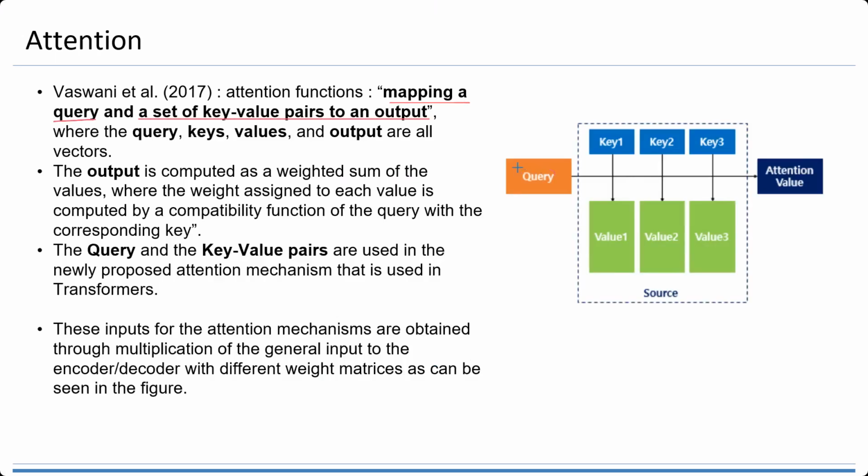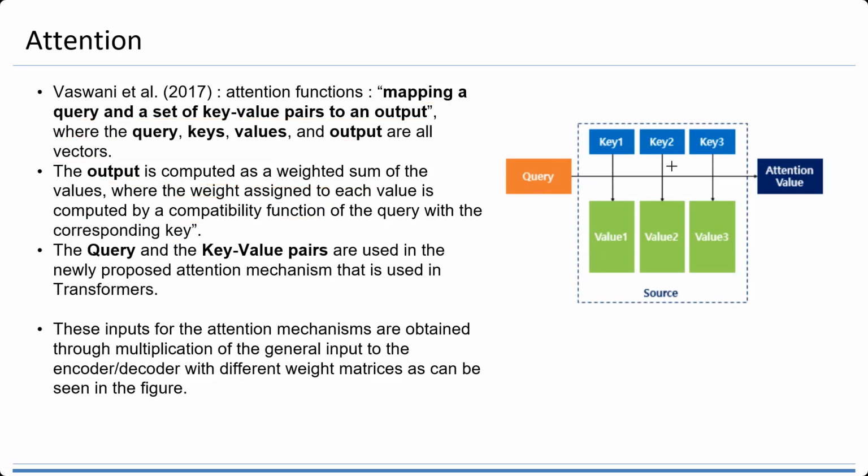So we have a query, and then we have key and value, key and value, key and value, where the query, keys, values, and output are all vectors. The output is computed as a weighted sum of the values, where the weight assigned to each value is computed by a compatibility function of the query with the corresponding key.